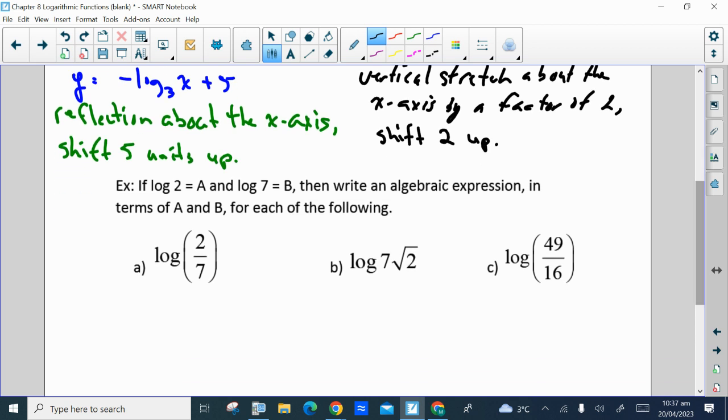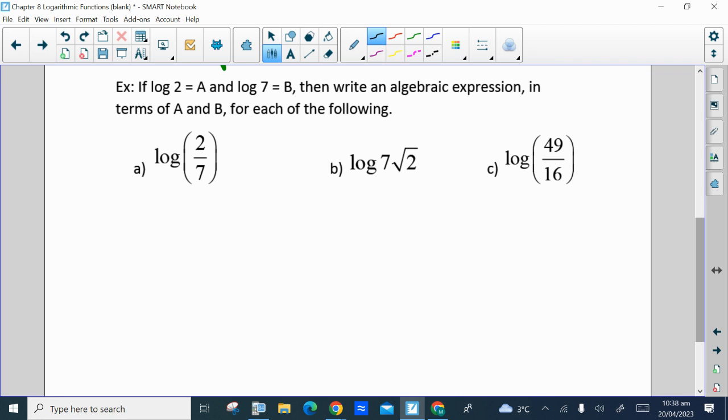For this next one, you're told that the log of 2 is A, log of 7 is B. Write an algebraic expression in terms of A and B for each of the following. So again, there have been questions like this on diploma exams in the past. For question A, because it's 2 divided by 7, you use the quotient law. That'll be log 2 minus log 7.